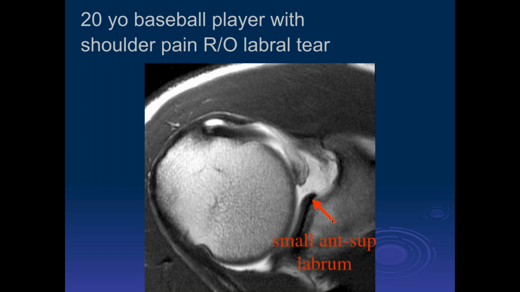If you have a small anterior superior labrum, then what do you think about? They're associated with variants, so you can have a small anterior superior labrum when you have a superior attachment of the anterior band, and I believe they're also associated with some other variants.